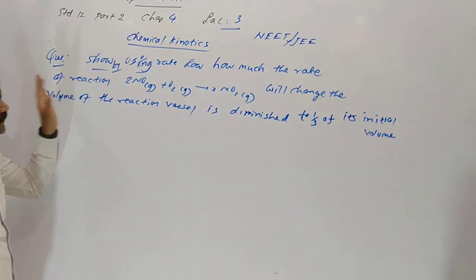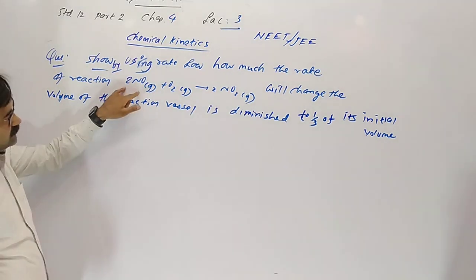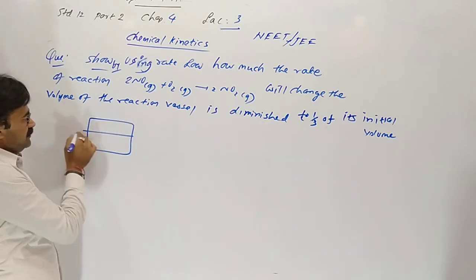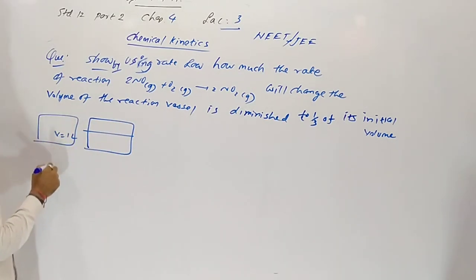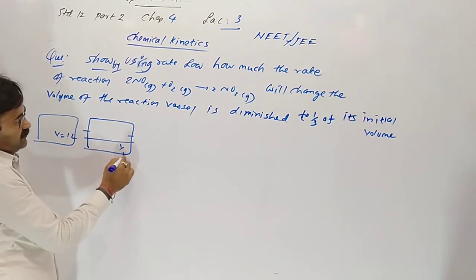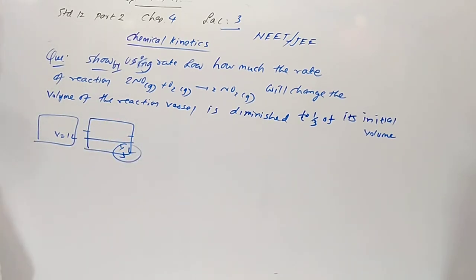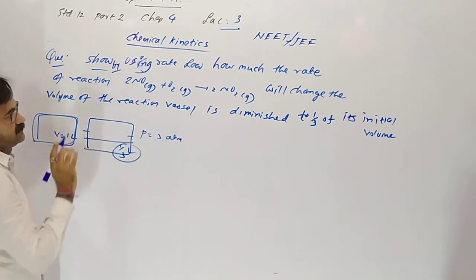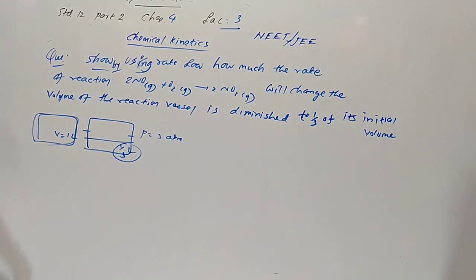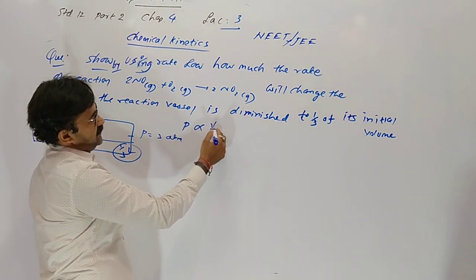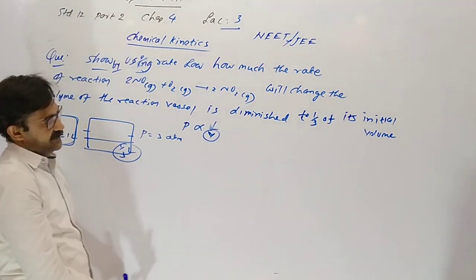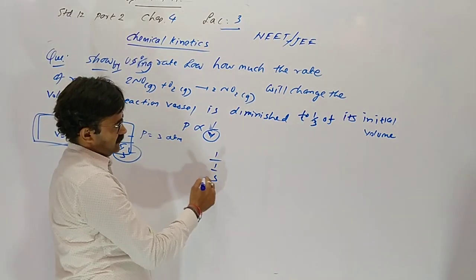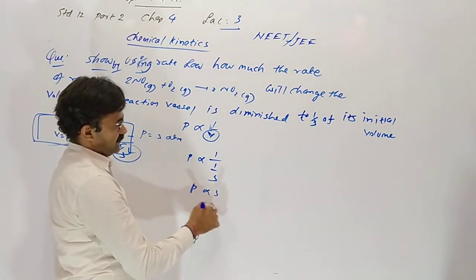It means that for this reaction, we are decreasing the volume to 1/3. Suppose the initial volume is 1 liter, we are decreasing it to 1/3 liter. So you can see the pressure will be thrice. Why? When we decrease the volume, pressure increases. It is decreased to 1/3, so pressure will be 3 times.